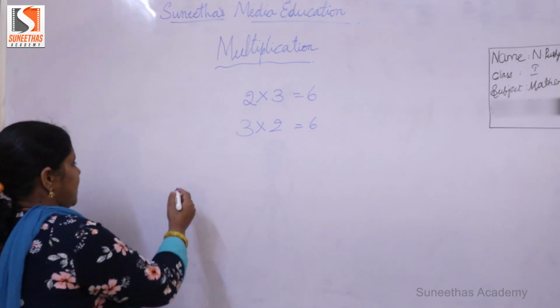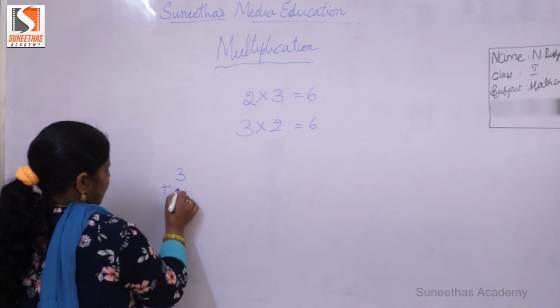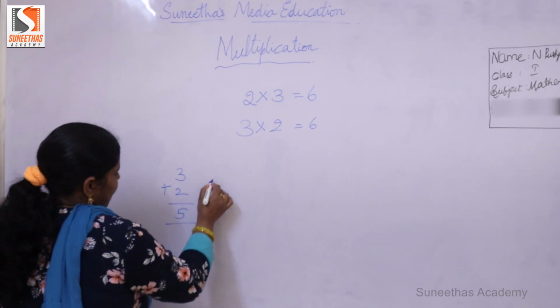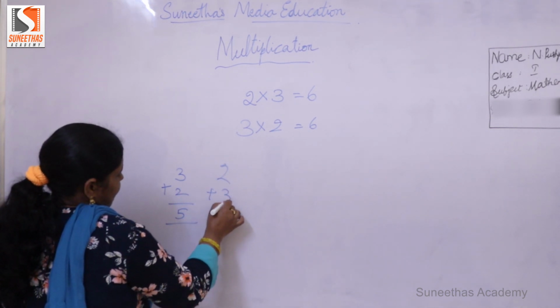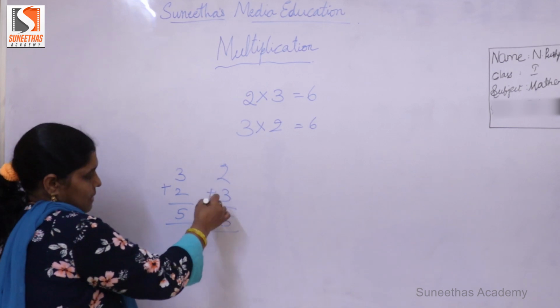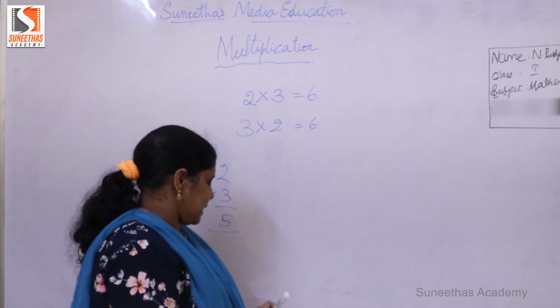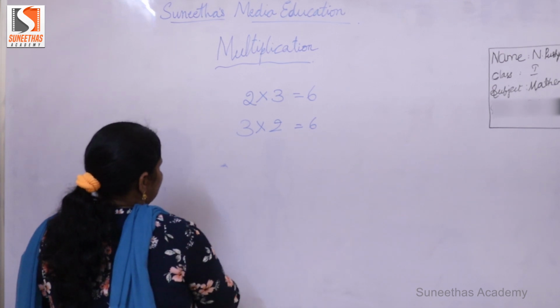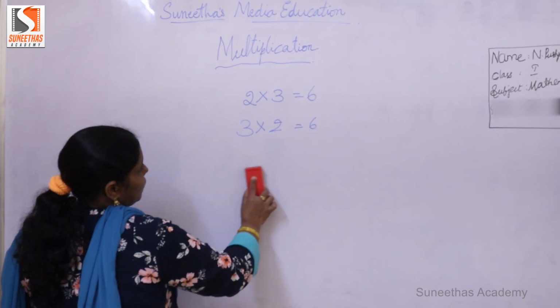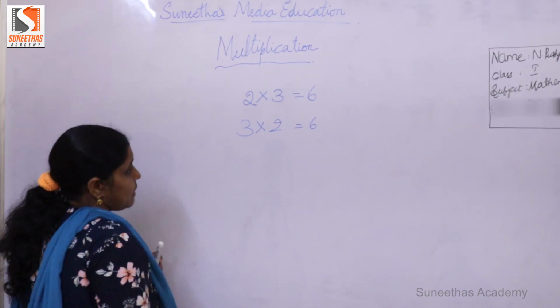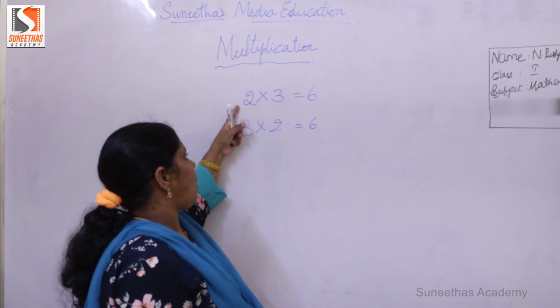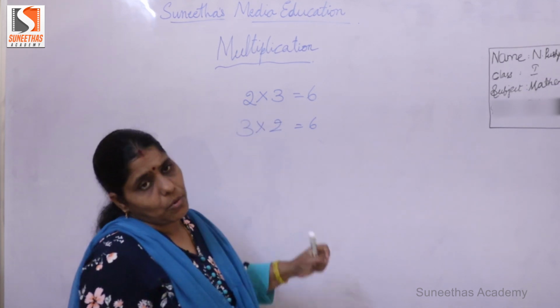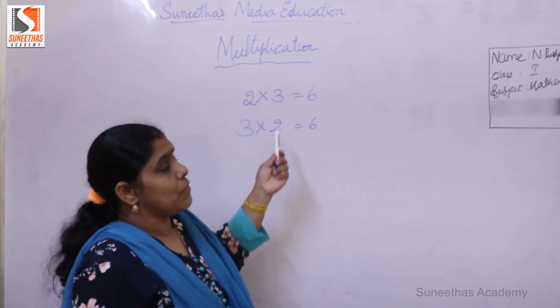See children, 3 plus 2 you will get 5, the same as 2 plus 3 equal to 5. Like this, in multiplication also, if we reverse the numbers you will get the same answer. The number into 2 groups, or the group into that many numbers, the same answer you will get.